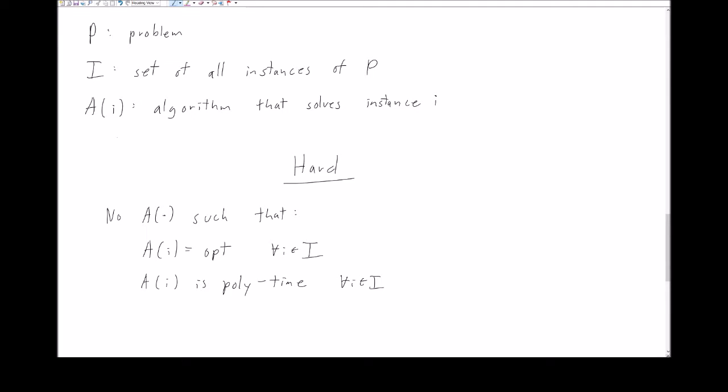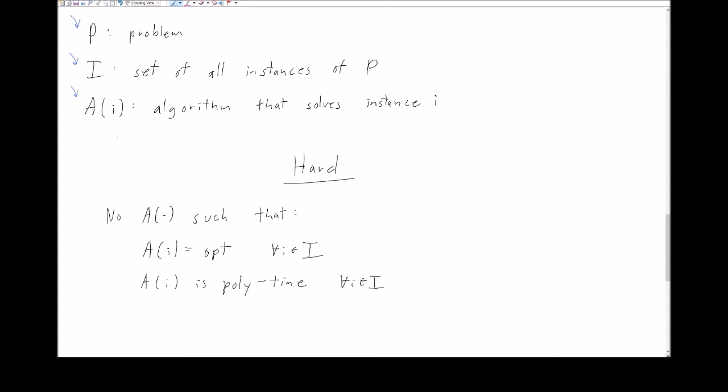Before we do study the 3-SAT problem or any others, we'd like to get an idea of what hard actually means. To build some notation, we'll call a problem P, and we'll identify as the set I all of the instances of the problem P. Remember that an instance is effectively an input. I contains all possible inputs we can have to the problem P. We're interested in designing algorithms for our problem, and in this case an algorithm is some function that takes as its input an instance and outputs some solution.